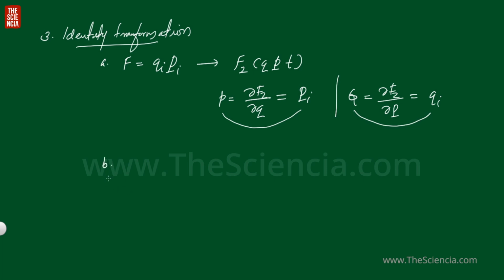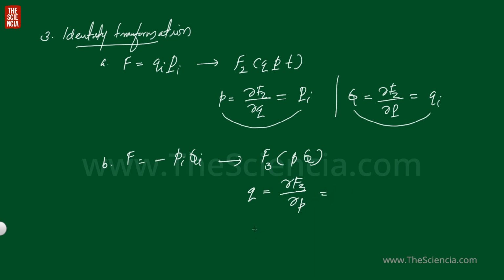Another example, generating function F equal to minus pᵢQᵢ. So this will be F of p, Q, that is F3. So what will be the canonical transformation equations? The missing coordinate is small q, that is ∂F3/∂p, and you find out the answer.